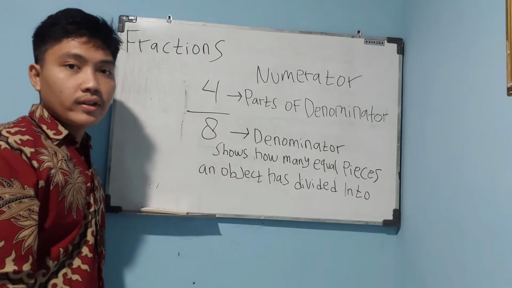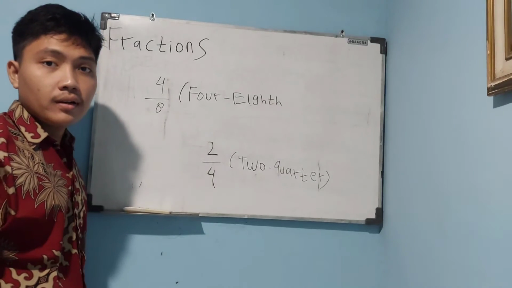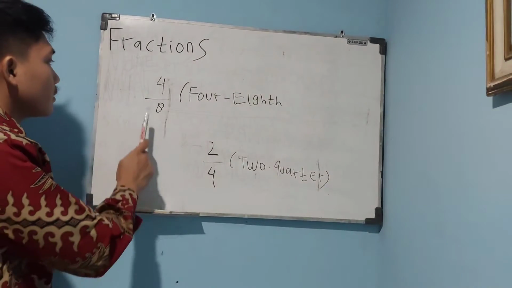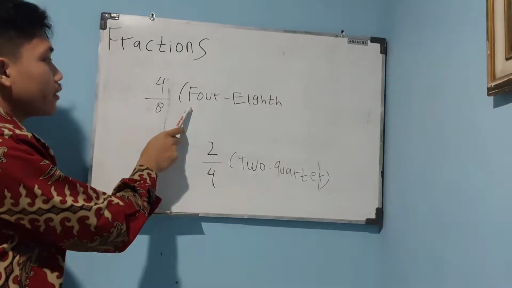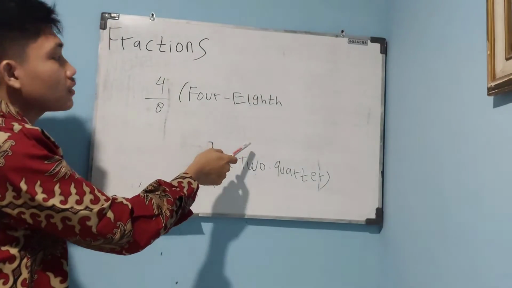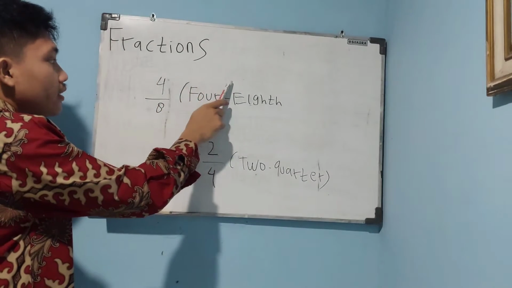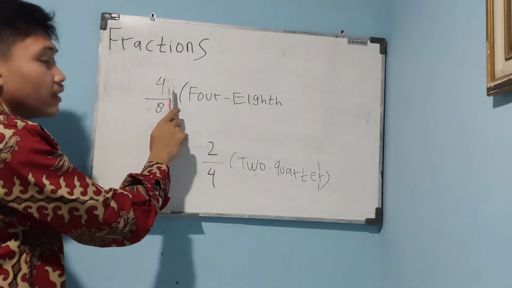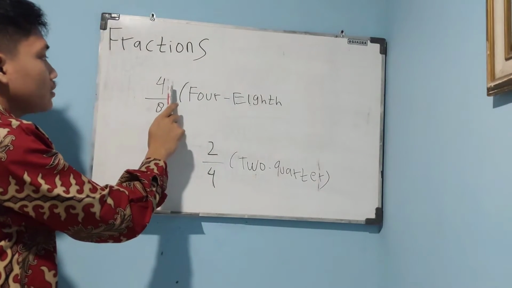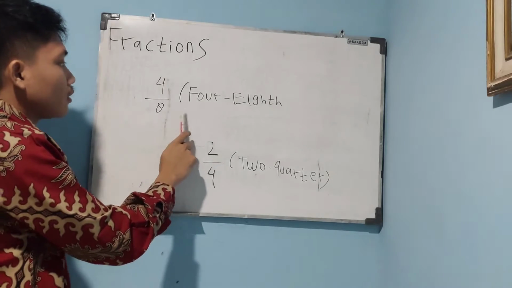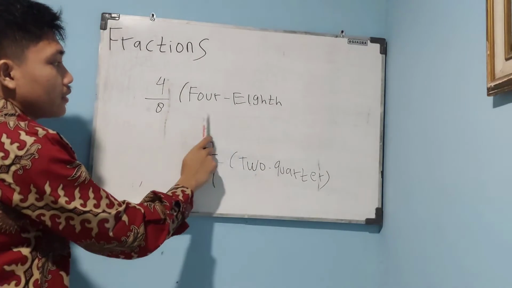So I will give an example. I will tell you how to read this. The first one is read as 4 over 8, because the top one is the numerator, a natural number, 4, and the denominator is 8, right?